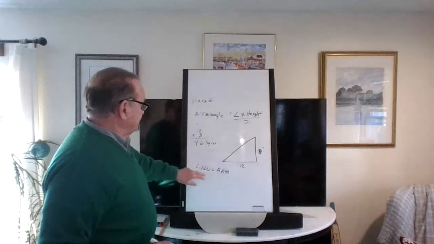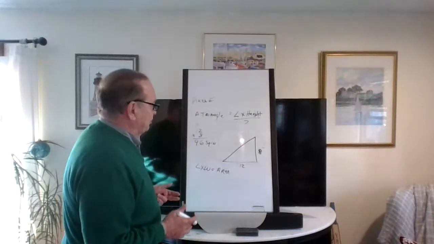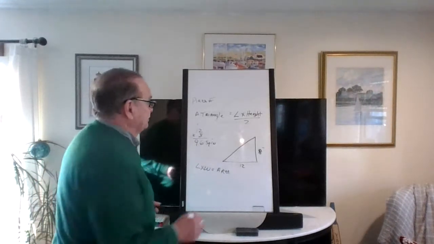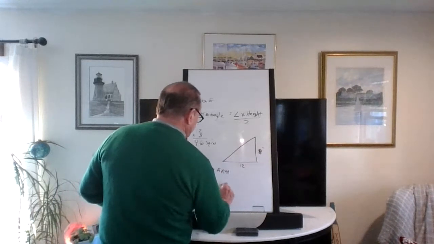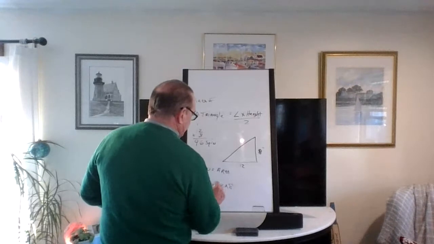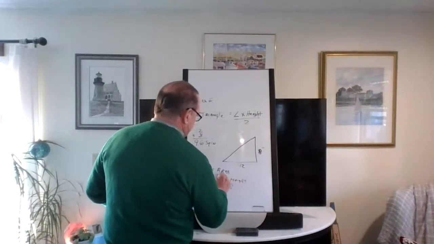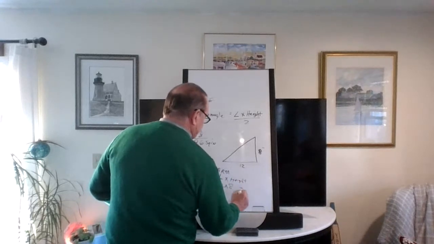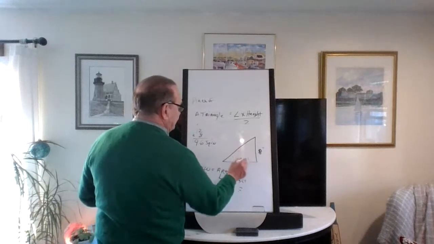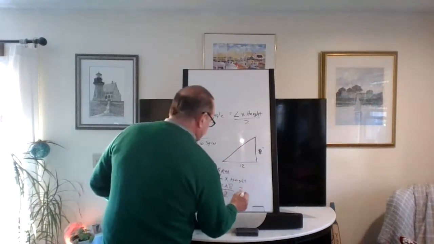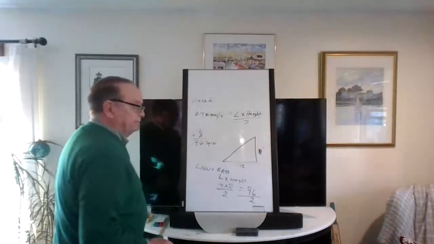So length times width. Now we really don't have length times width anymore. That's why they call it the height. So in this case, it'd be 12 times 8. This would be the length times the height, divided by 2, right? See that? There it is, divided by 2. So it's 8 times 12, 96 divided by 2. Okay?